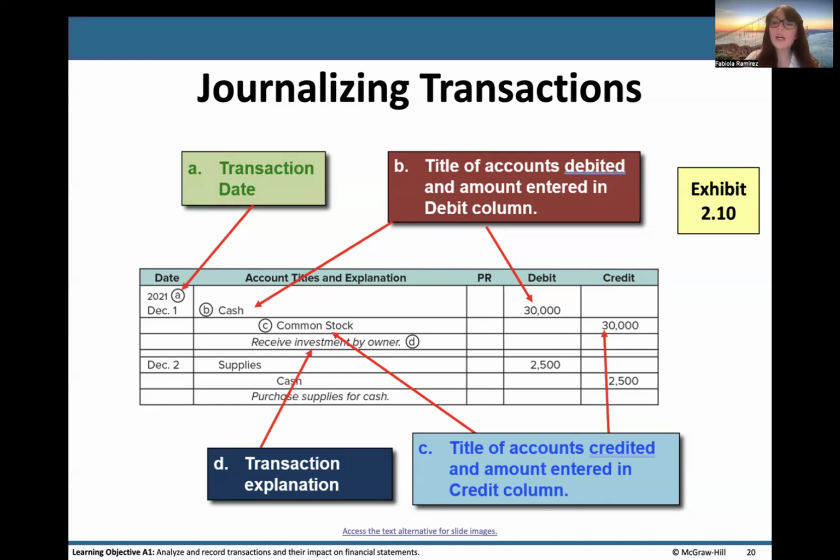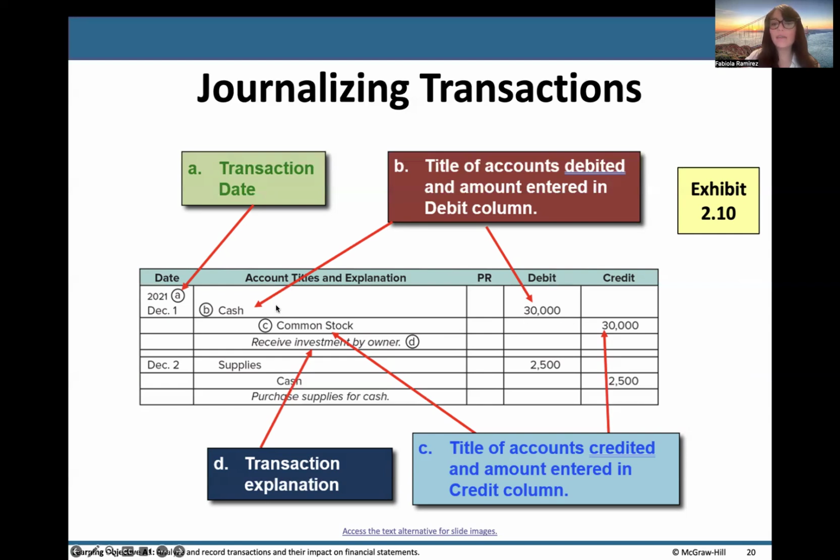And if common stock was issued, then you know the common stock account is affected. So we take the title of accounts debited and we enter it into the debit column. Cash went up, and you know that cash goes up with a debit. So we record debits first in a journal entry, and then we put the amount in the debit column here.